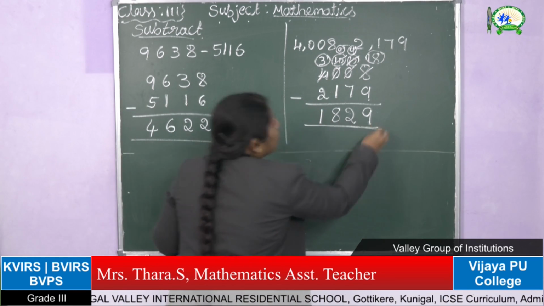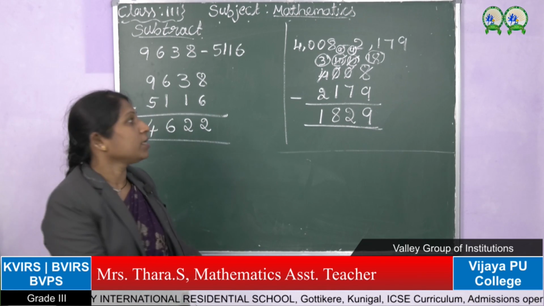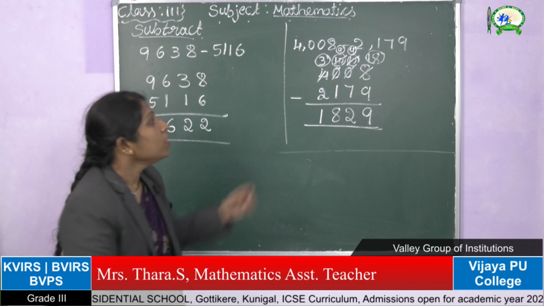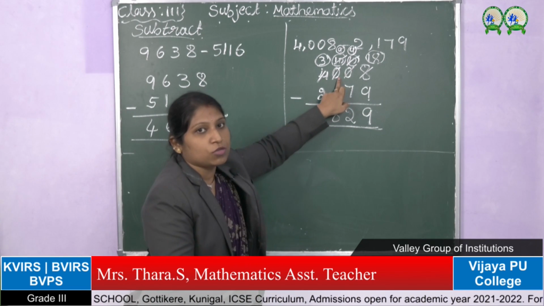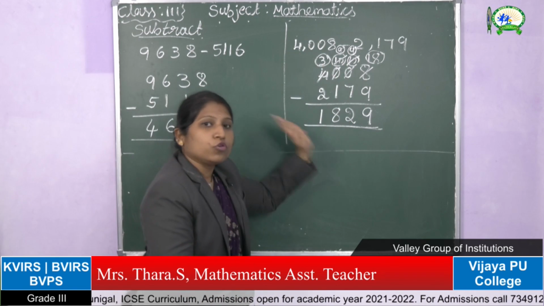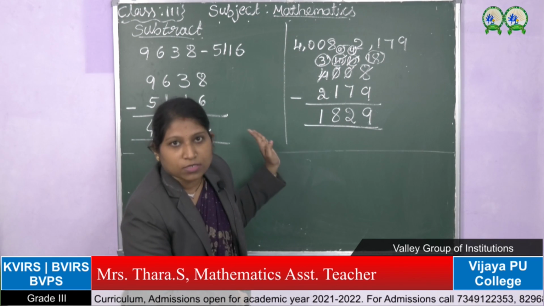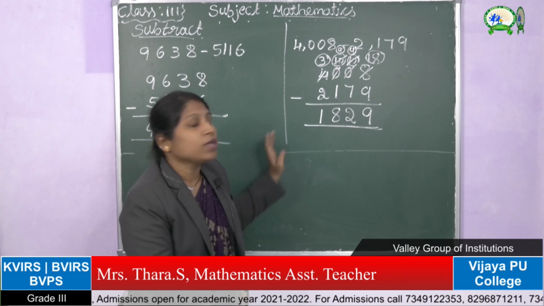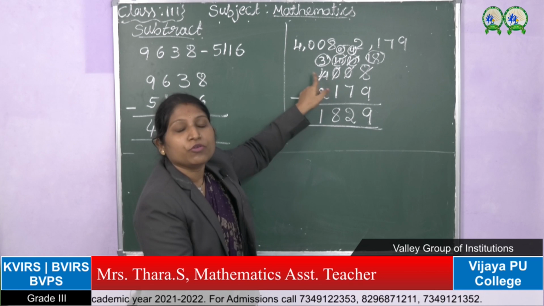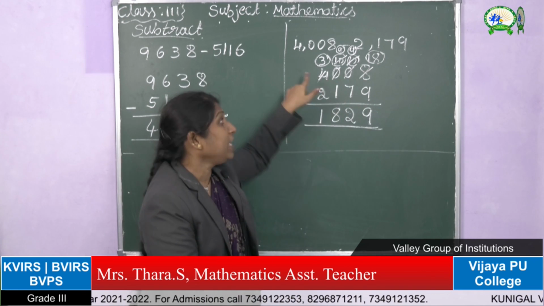So this is the method to subtract the given 4-digit numerals with borrowing. You can see here we have 2 zeros. If there is a 0 in the place, you have to go to the next left-hand digit to take a borrow. From that numeral you can take 1 as a borrow, and it becomes less.